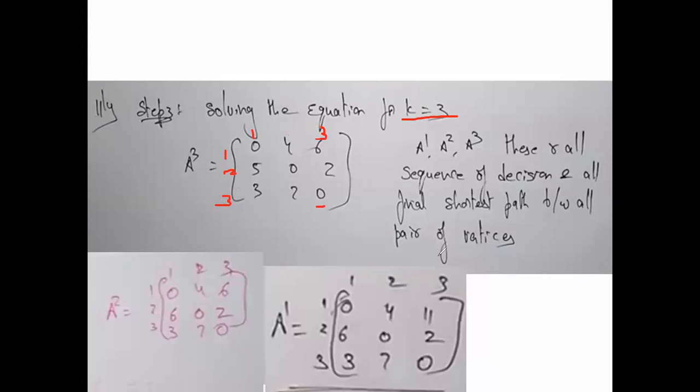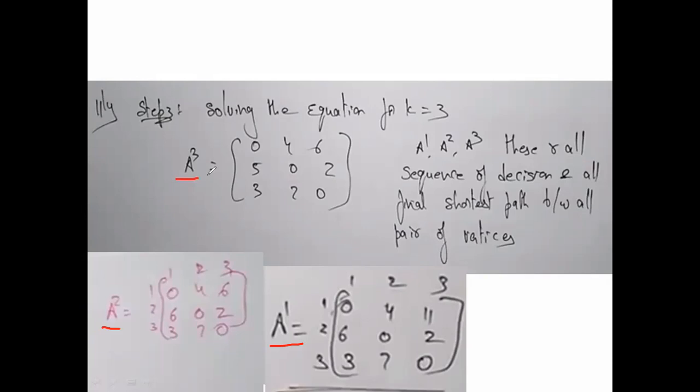Okay. Now let's see. We got 3 different matrix values. That is A1 when k equal to 1, A2 when k equal to 2, and when k equal to 3, we got another matrix A3.